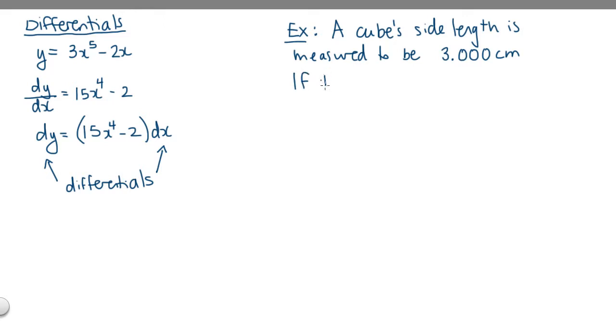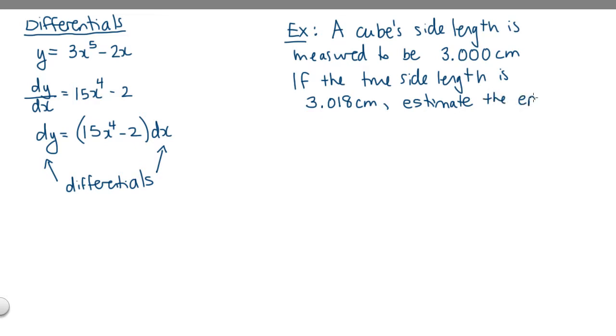Now, let's say that we know that the true side length is actually a little bit bigger. Maybe it's 3.018 centimeters. Let's see if we can estimate the error that we would make in calculating the volume. So that would be the error in calculating the volume of the cube.